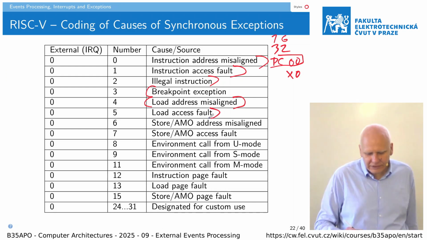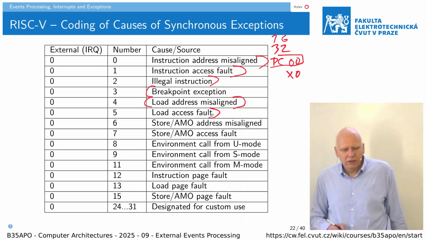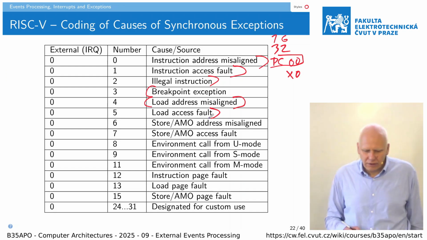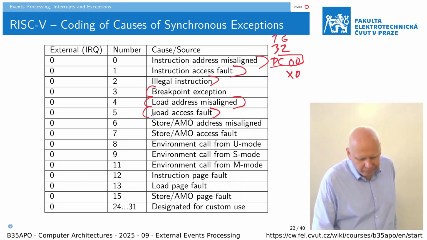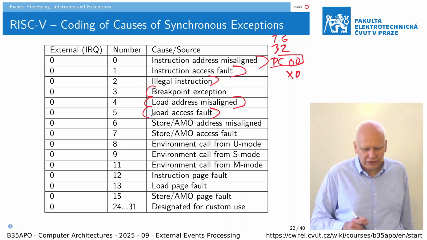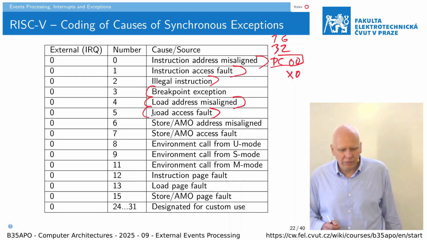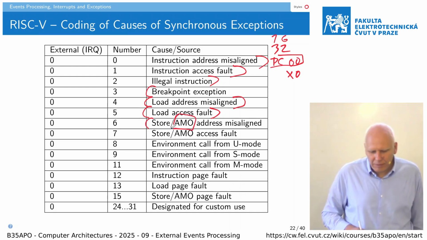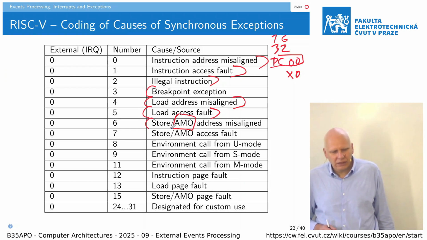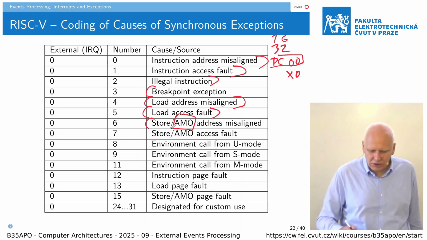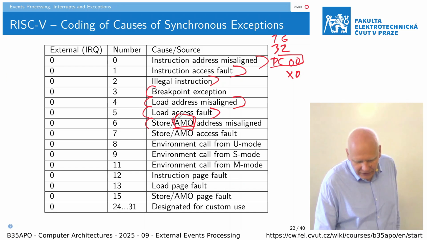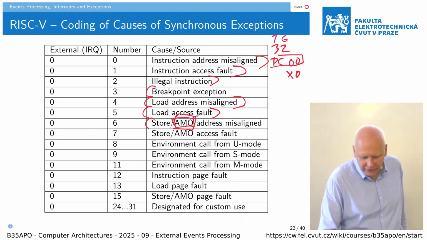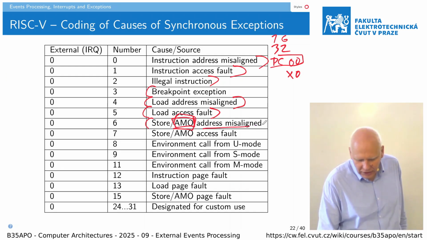Then we can have there a load access fault, for example, that there is some range error or some error on the bus and so on. Then we have there errors for the store, and AMO is atomic memory operation. So this is some specific class of instructions, and again on a misaligned address or that it cannot be executed.